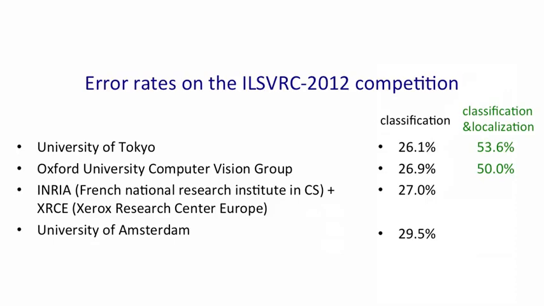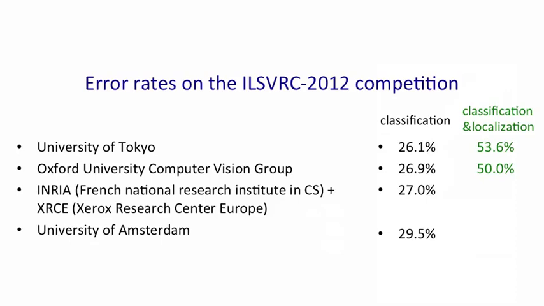Oxford University, which has a very good computer vision group, generally recognised to be possibly the best group in Europe, again got in the 26%. And the French National Research Labs and the Xerox PARC Centre, which are again very good computer vision groups, got 27%. So you'd have guessed from this that it's going to be hard to beat 26%. And if you do beat 26%, you're comparable with the very best computer vision systems.